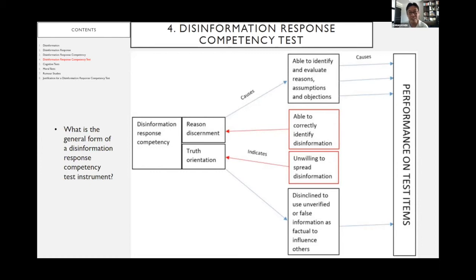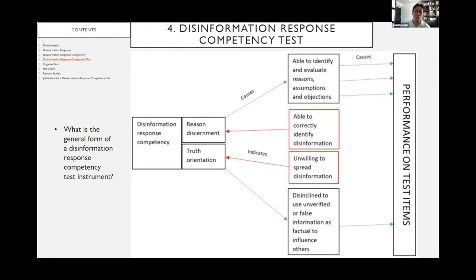However, these two things are difficult to measure. First of all, in correctly identifying disinformation, we don't know if the subject already knows that information to be false. And second of all, unwillingness to spread information is a mental state. It's not observable as it is.